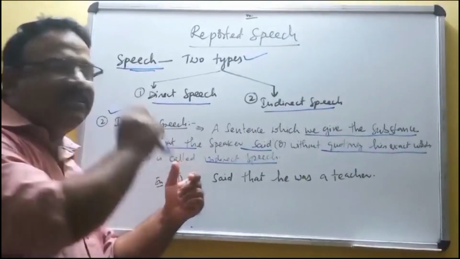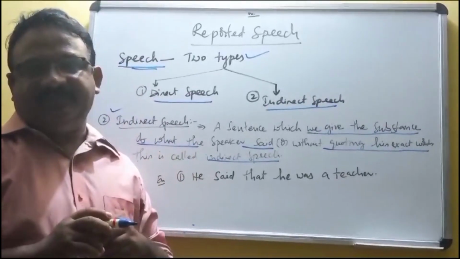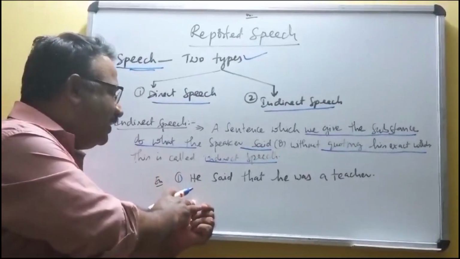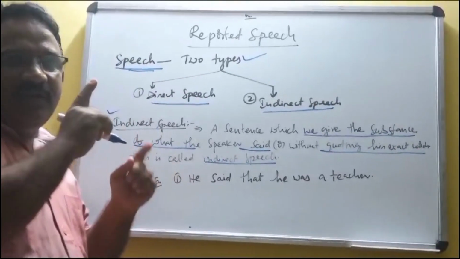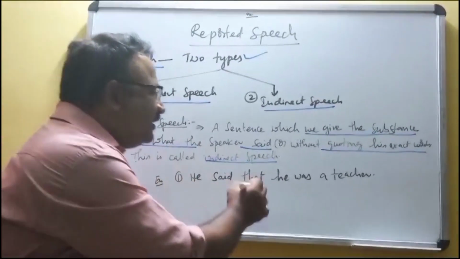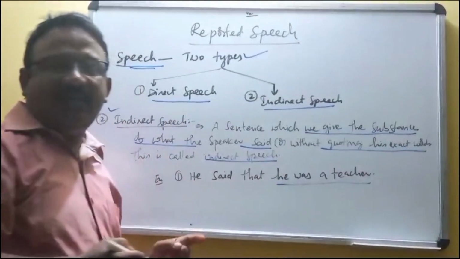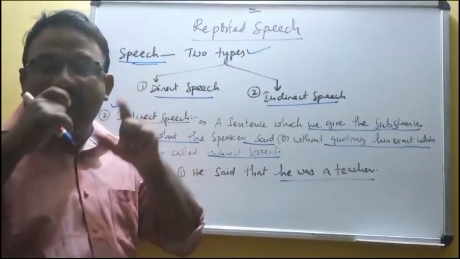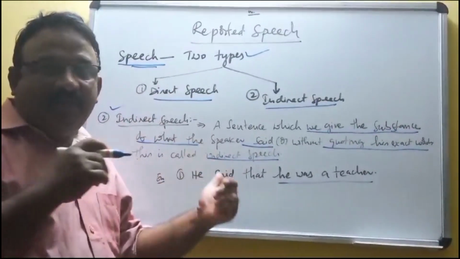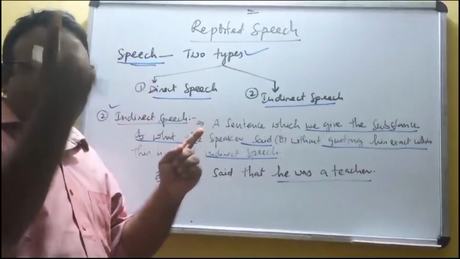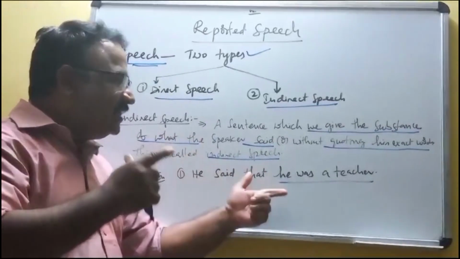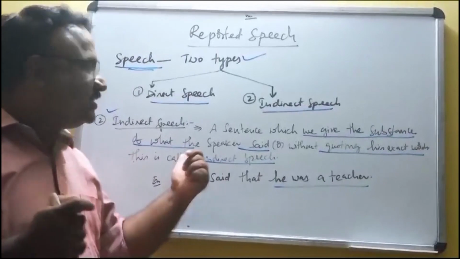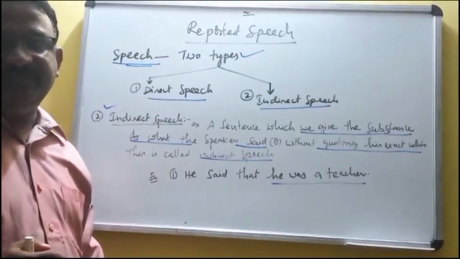For example: he said that he was a teacher. In direct speech, he said, I am a teacher. But in indirect speech, the substance: he said that he was a teacher. Understand? This is called indirect speech.